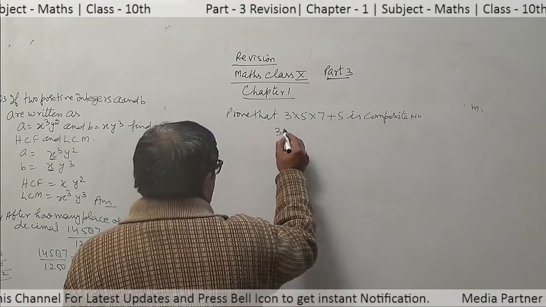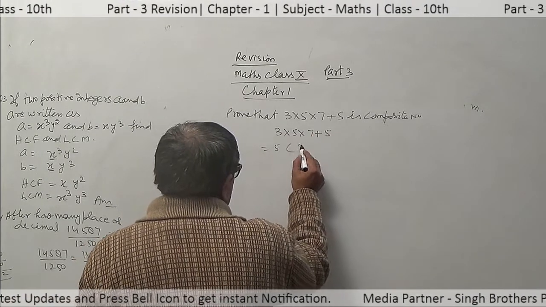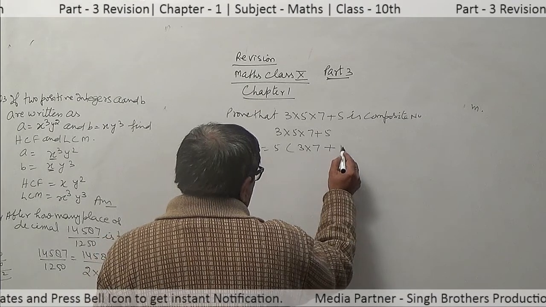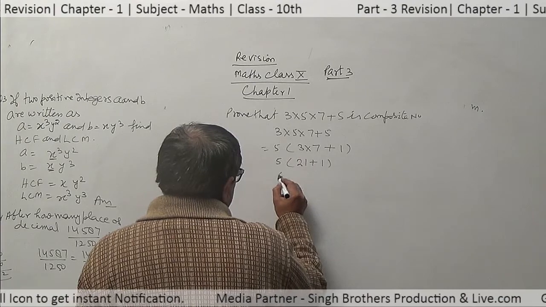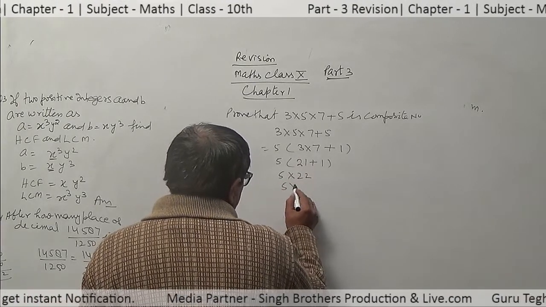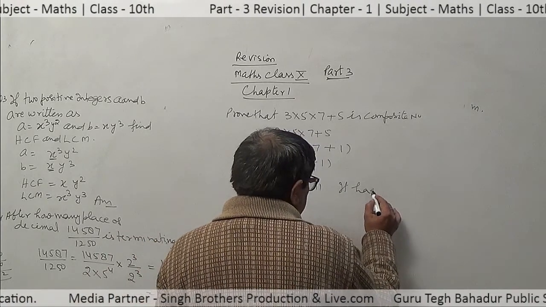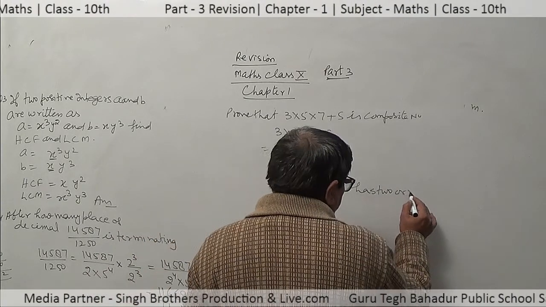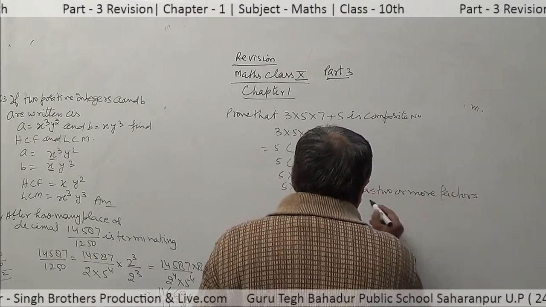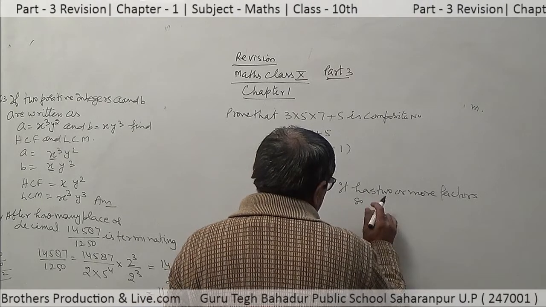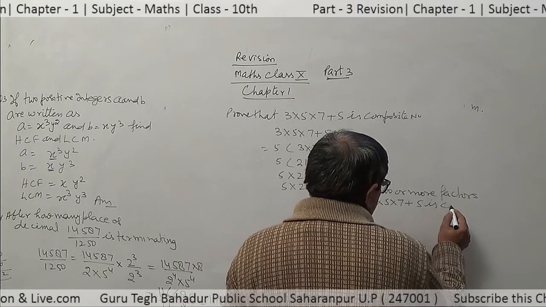So 3 into 5 into 7 plus 5, taking 5 common, 5 into 3 into 7 plus 1, it is 21 plus 1, 5 into 22, 5 into 2 into 11. It has 2 or more factors. So 3 into 5 into 7 plus 5 is a composite number.